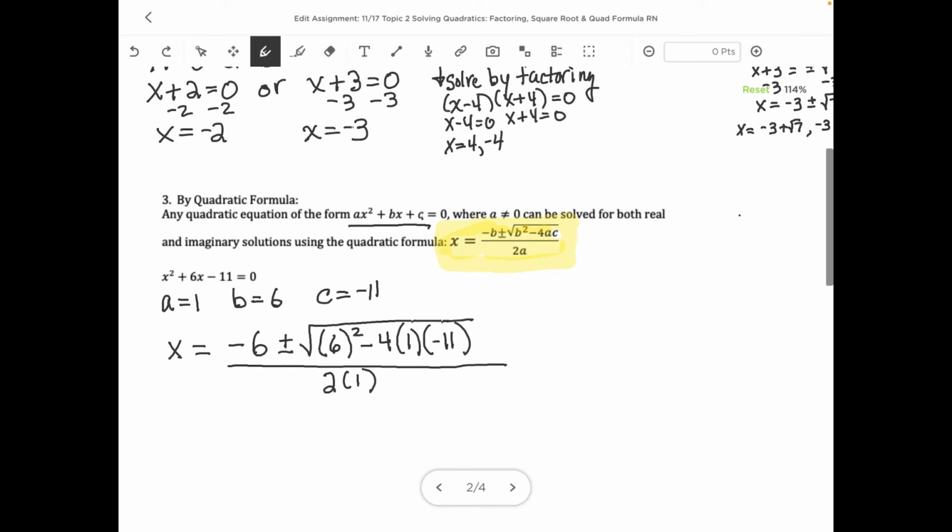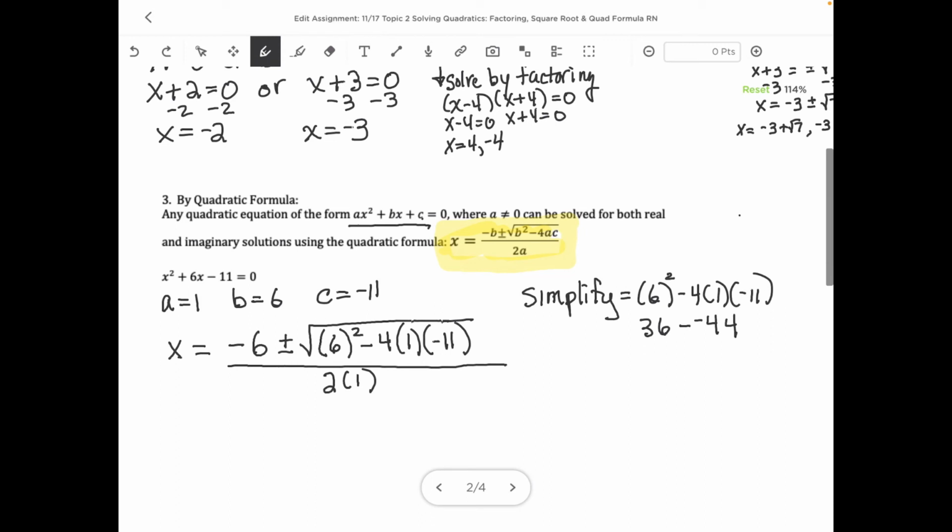Now, to simplify, we're going to go to what's inside the square root and simplify our 6 squared minus 4 times 1 times negative 11. I would suggest you use a calculator. It's super easy. If not, it's going to be 36 minus a negative 44. Remember order of operations.